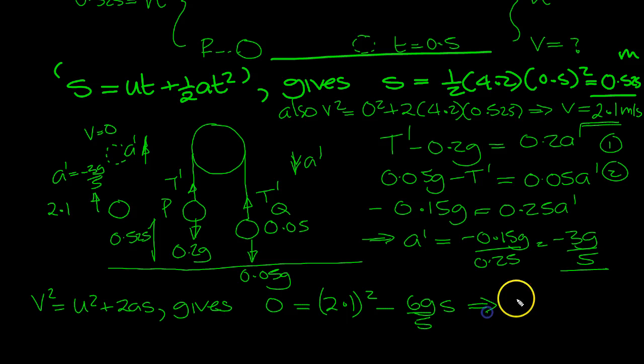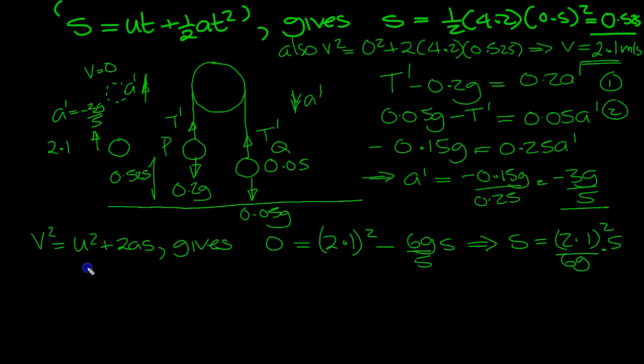So that tells us then that s is equal to, move this over there, 2.1 squared, and then move the 6g over 5 underneath, 6g over 5, the 5 swings up. So there's a little bit of algebra there. So s, then, this little distance that P has gone up under the tension is this.